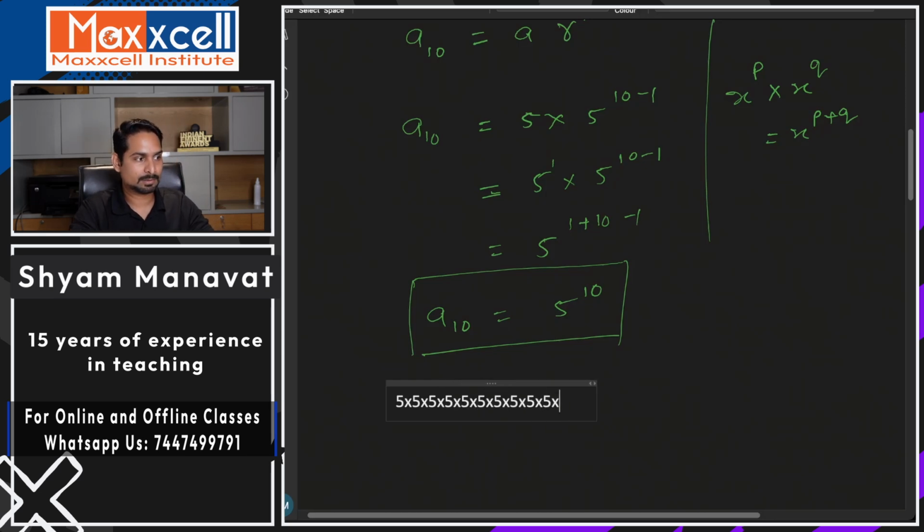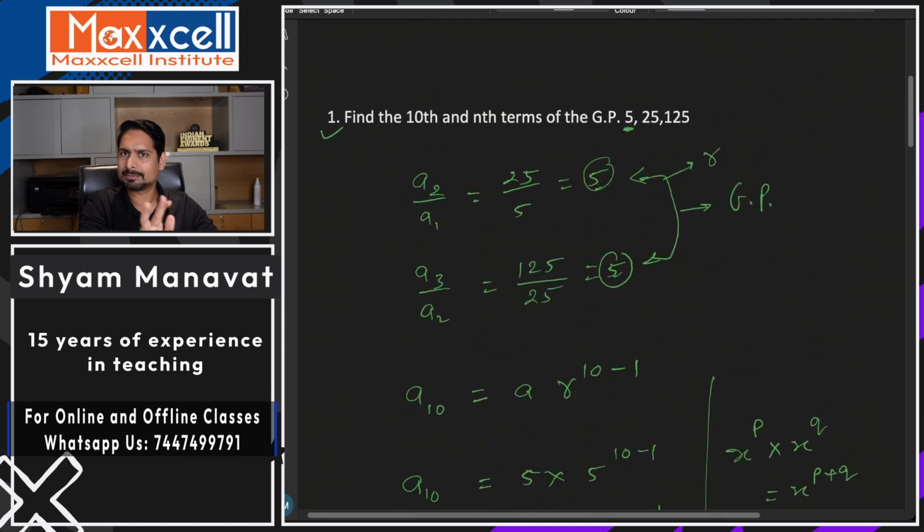This is 5 to the power 10. But as I said, the objective is to understand how to apply and when to apply this nth term formula, and what GP is. So let's say 5 raised to 10. Keep it easy.